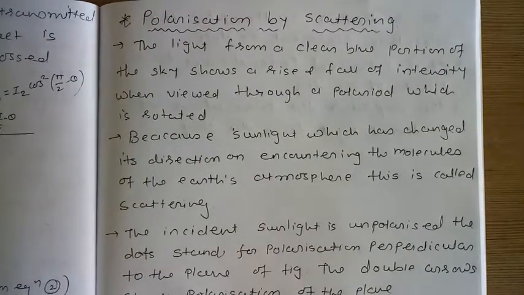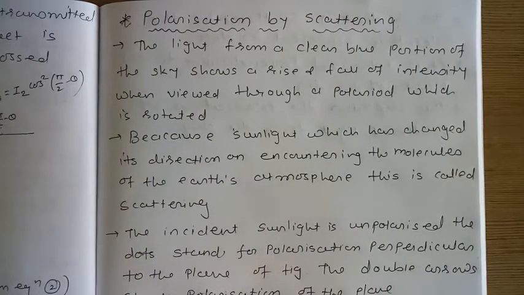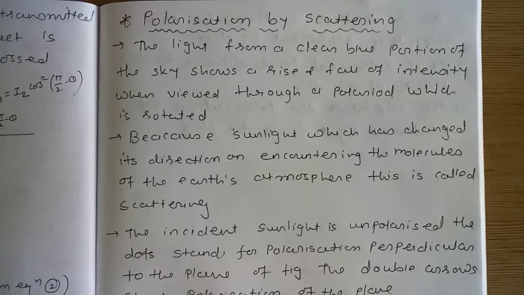Now, polarization by scattering. The question is like this: explain polarization by scattering. Friends, this question was already asked in the board exam held in 2020, right? So we know that if we rotate a Polaroid, then there will be a change in intensity, increasing or decreasing.